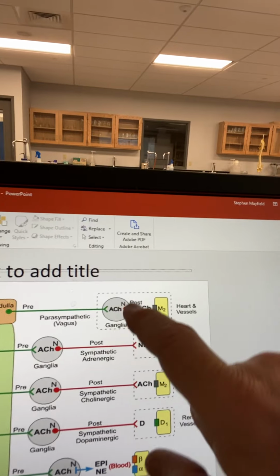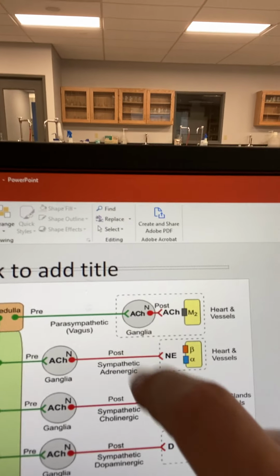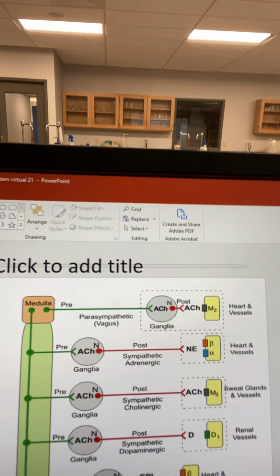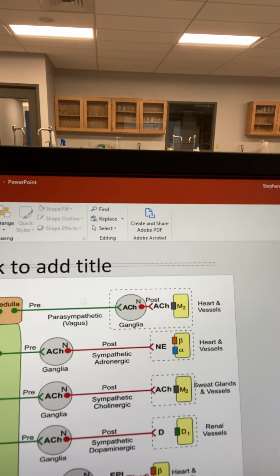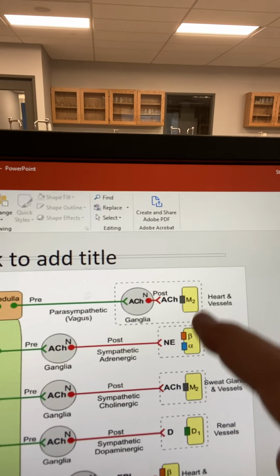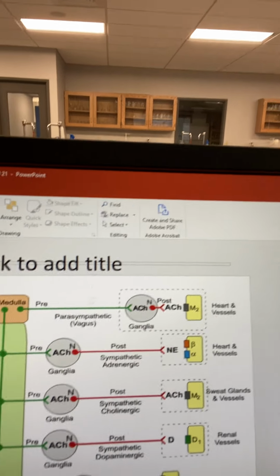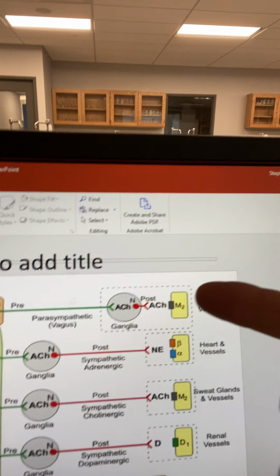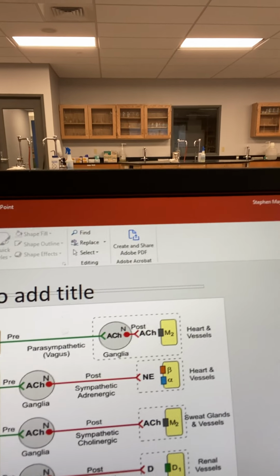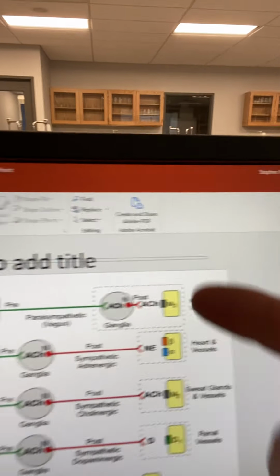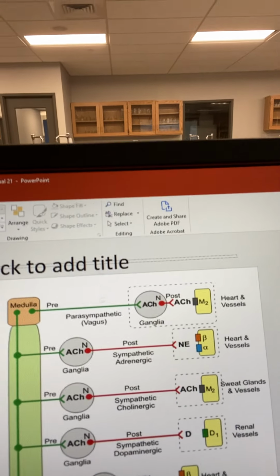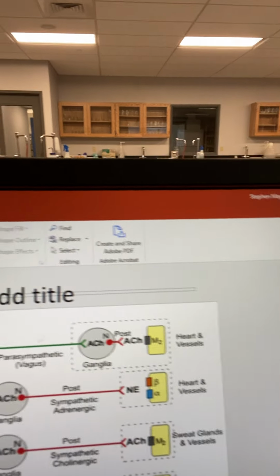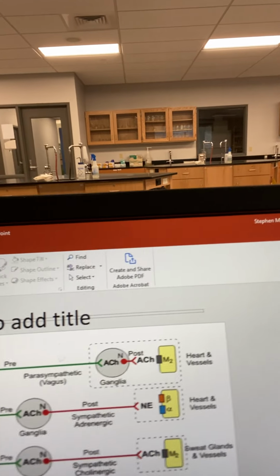We had said here we are at the ganglion, and this is a nicotinic receptor. Then at the effector it can be this other kind of receptor, muscarinic. So it can either be excitatory or inhibitory.